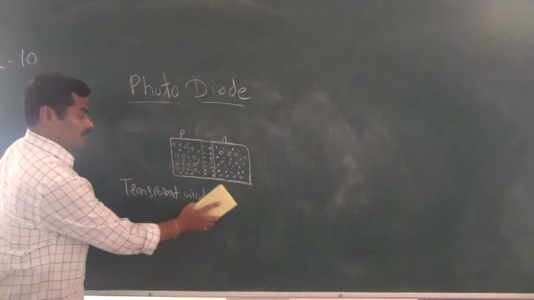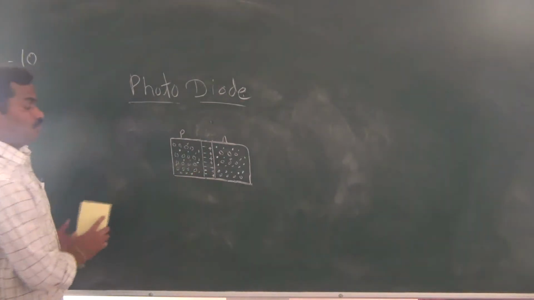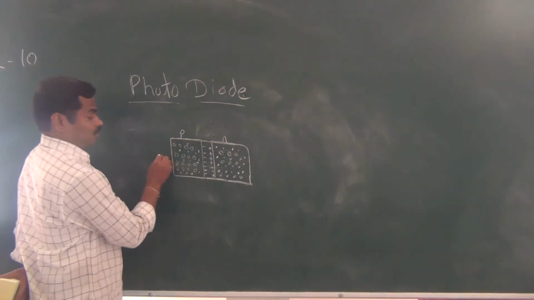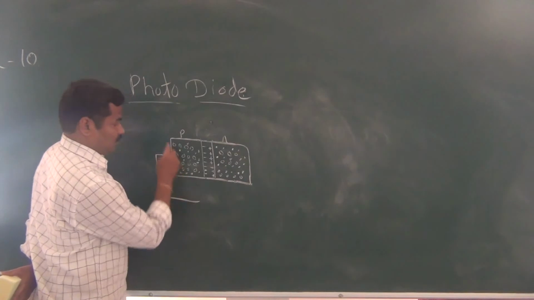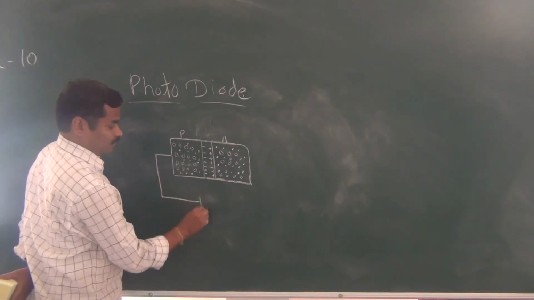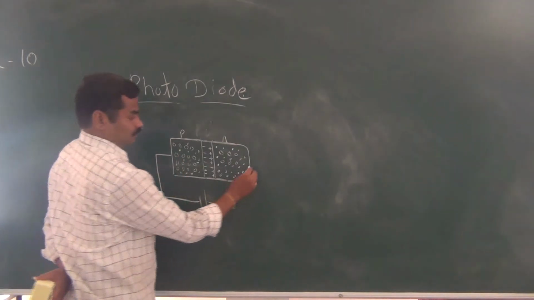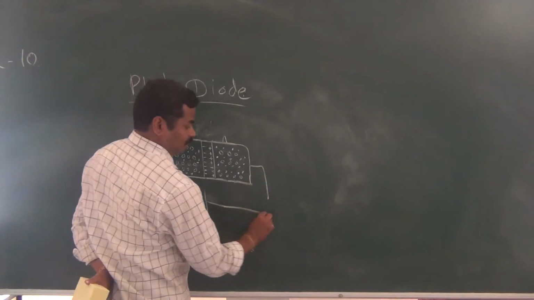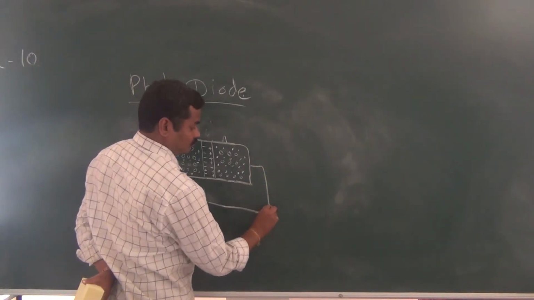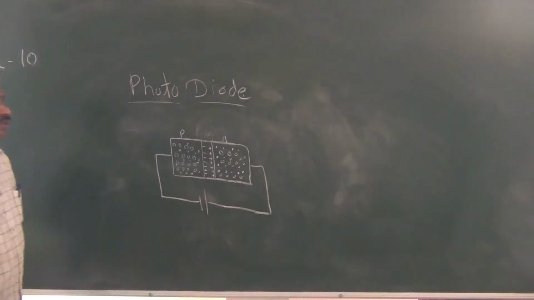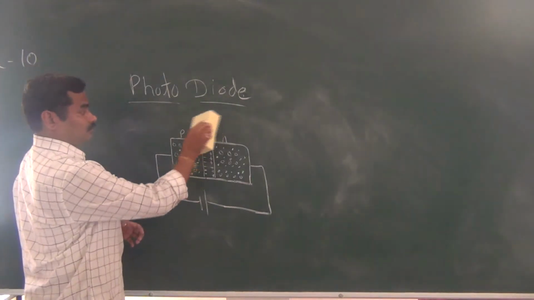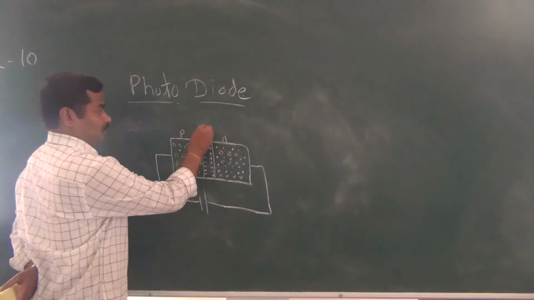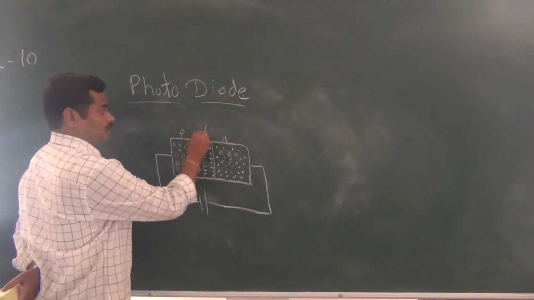Now we look for the working of this photodiode. As I said, it conducts in the reverse bias. It conducts when the bias is applied negative. And how does it conduct? We go for that. Look here, as usual, as I said here having a transparent window, and you are applying the light energy.